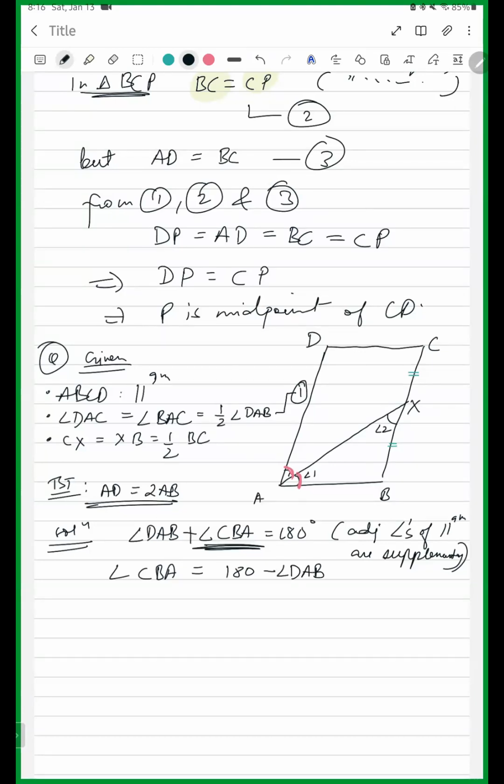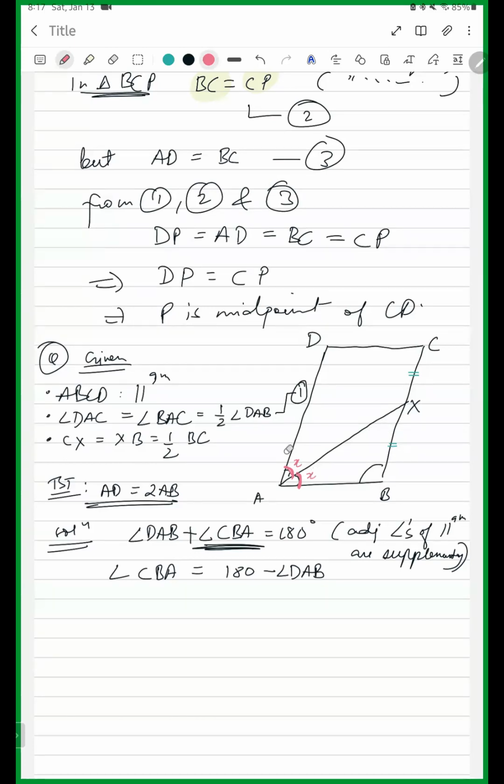Okay. Now in this triangle, let's call DAB as angle A. Or let's do one thing. Let's call this as small y, since we already have an X over there.